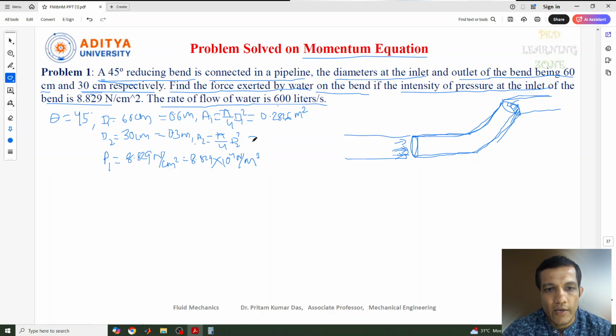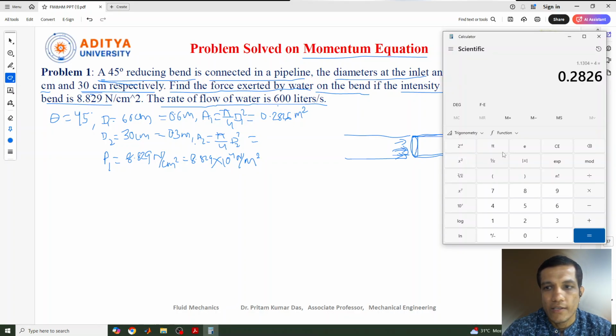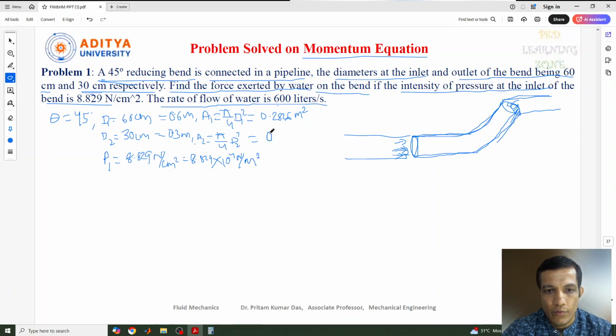Similarly, here also we write 3.14 into D2, that is 0.3 into 0.3, whole divided by 4, which is 0.07065 meter square. Now the P1 value is given, so we got most of the values here.